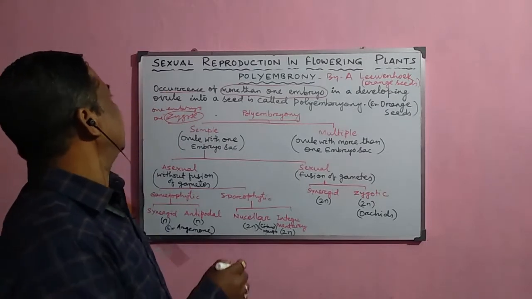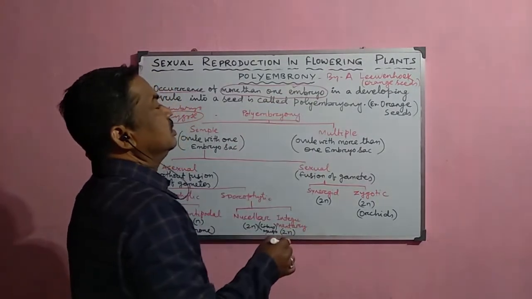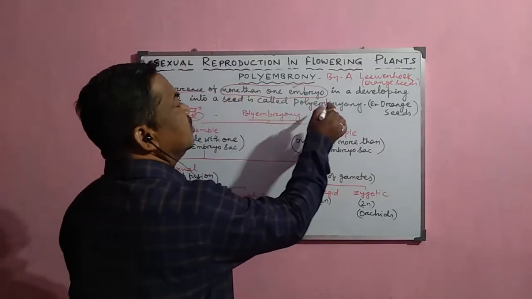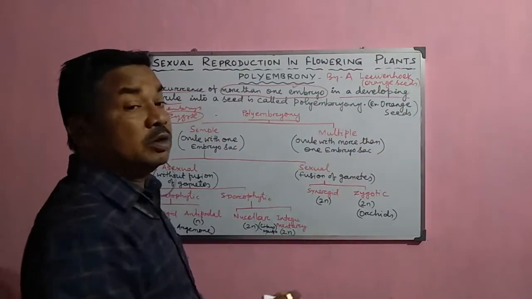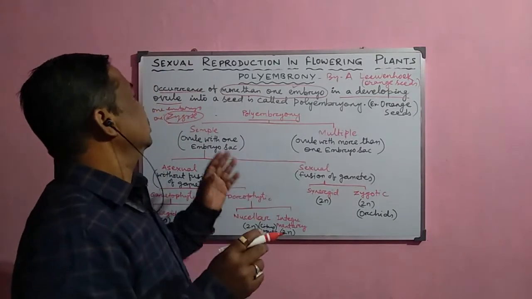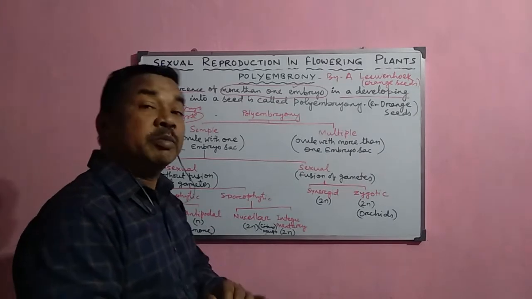But sometimes more than one embryo occurs there, and this phenomenon of occurrence of more than one embryo in a developing ovule, so in one ovule, if more than one embryo develops into the seed, is called polyembryony.